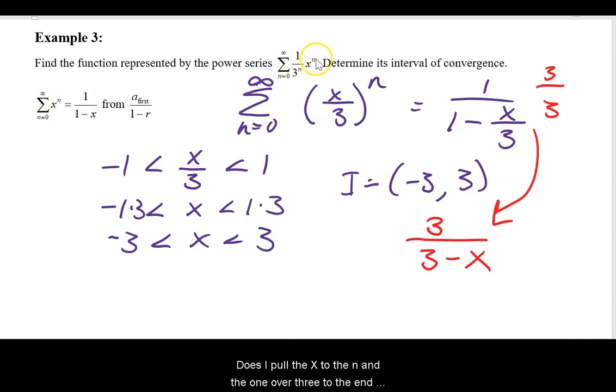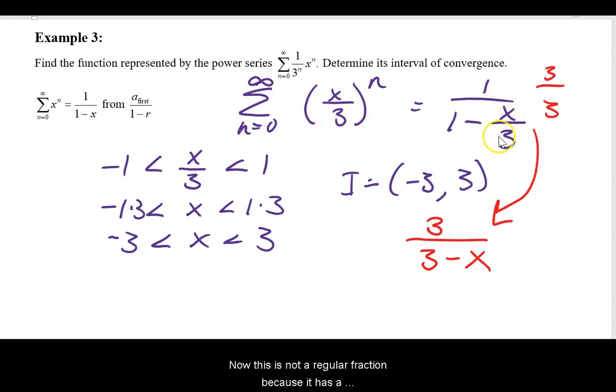Thus, I pull the x to the n and the 1 over 3 to the n together to make one combined base of x divided by 3, all to the nth power. Once I have it in this form, I can use the convergent geometric series formula, a first over 1 minus r, or 1 over 1 minus x, to rewrite this with 1 over 1 minus, and our base is not x, but x over 3.